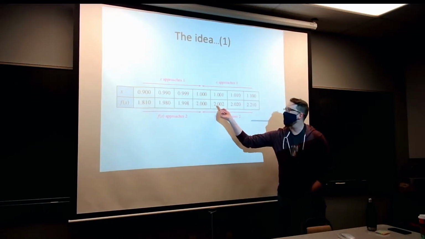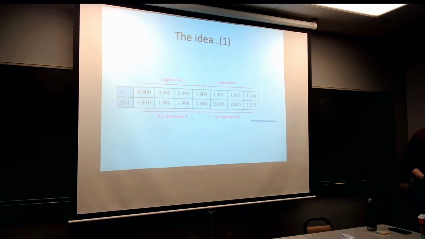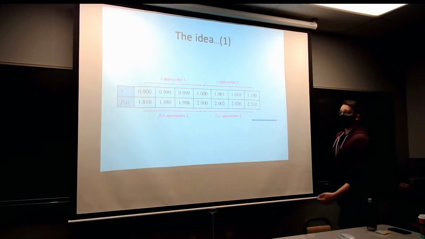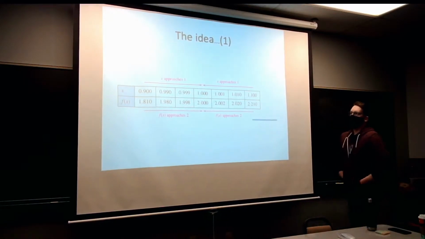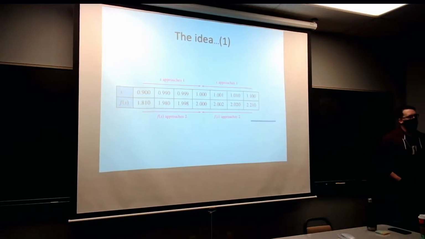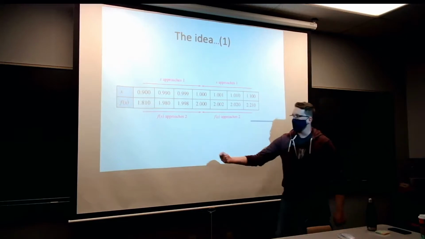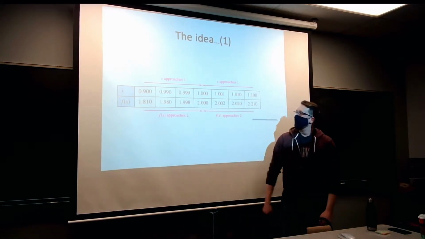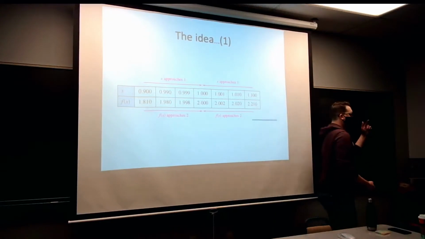What does it look like our function's going to get close to? Well, if you look at it from the left and from the right, our function gets really close to 2. And in this case, we would say, because it agrees from the left and it agrees from the right, that our function is equal to 2 under the limit as x approaches 1.